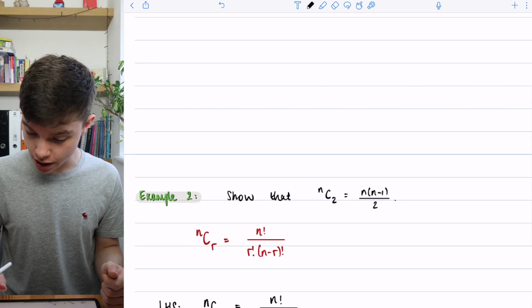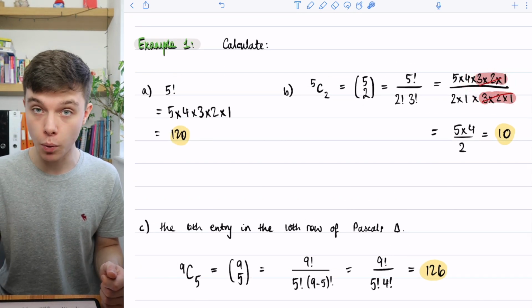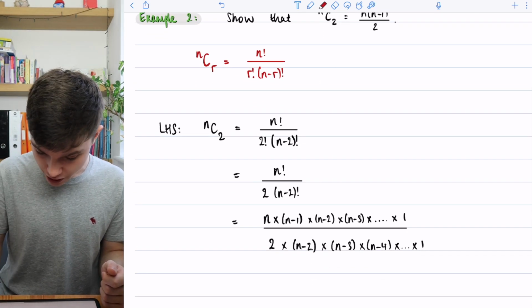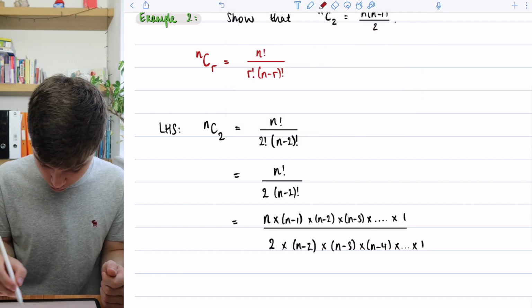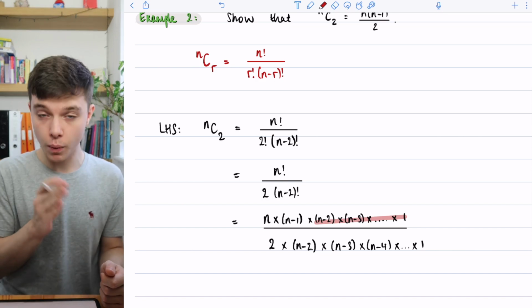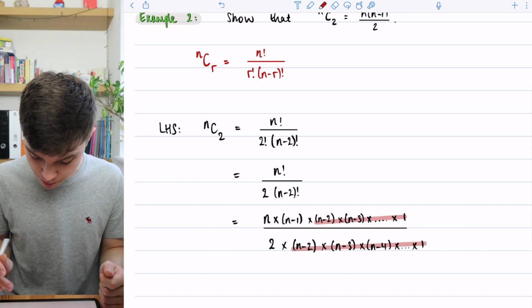Just like we could see on top and bottom here, we had a 3 times a 2 times a 1. On the top and bottom here, I can see that this is going to nicely cancel out. n minus 2 times n minus 3 all the way to times 1 is going to cancel out nicely with what's on the bottom there.